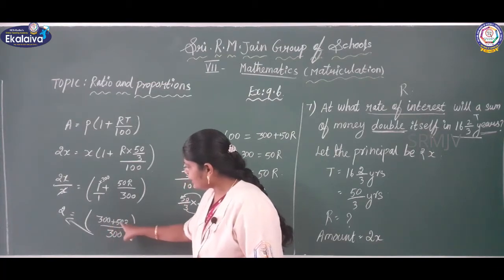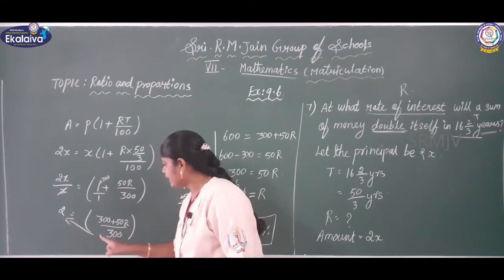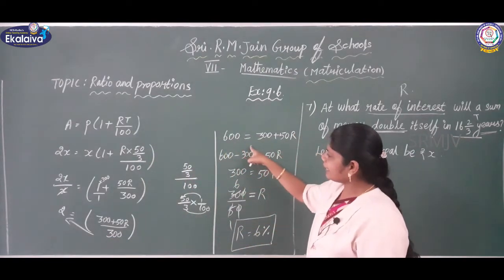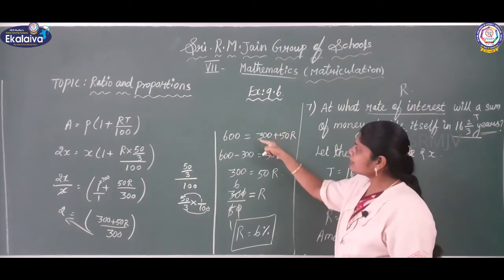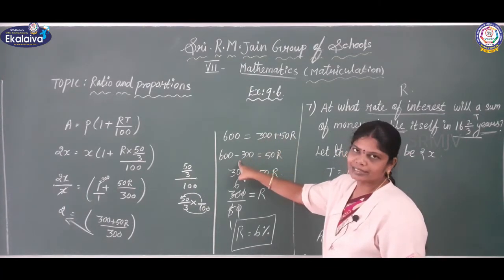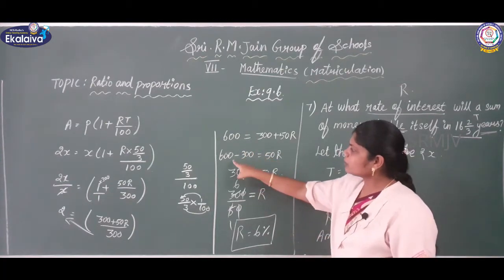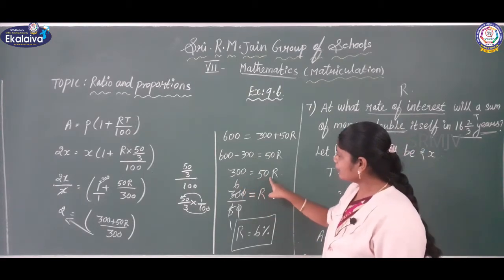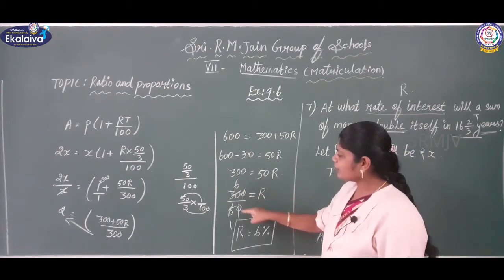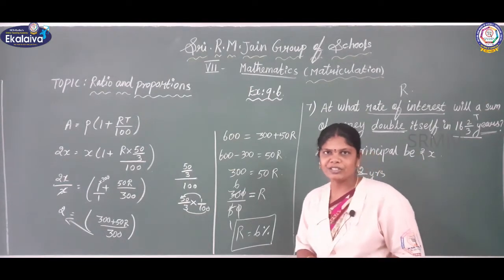So 300 plus 50 R. Next you cross multiply this. 2 into 300 you will get 600 equal to 300 plus 50 R. So this 300 you transfer that side. Additions will change other side, subtraction. So 600 minus 300, what you are getting, children? 300 equal to 50 R. So R equal to 300 by 50, we are getting 6%. Is it clear, children?